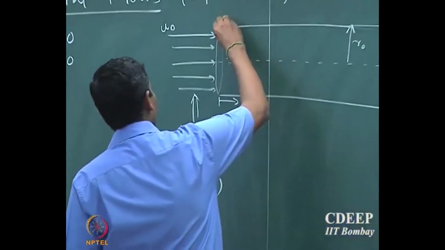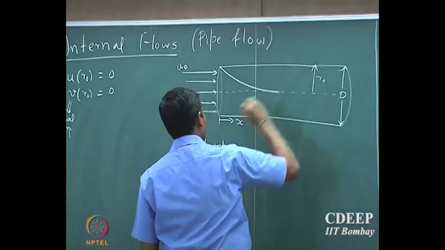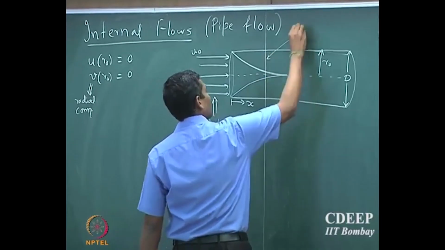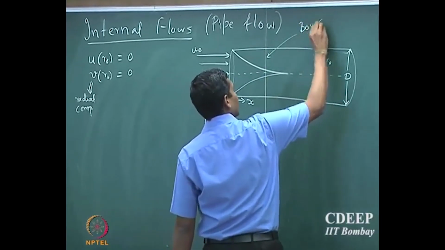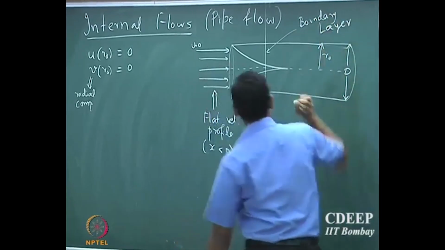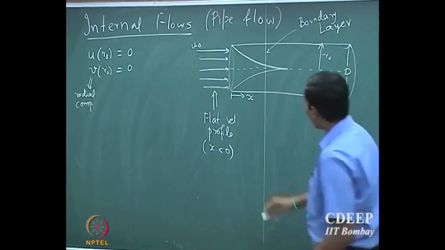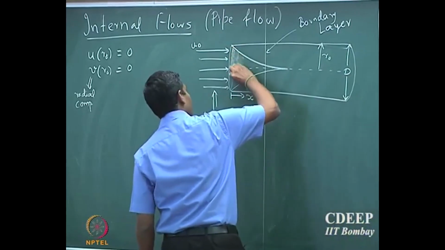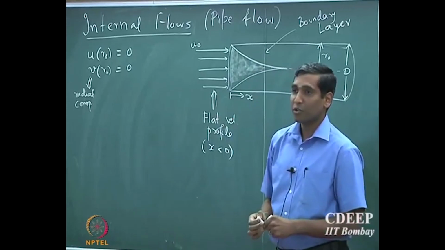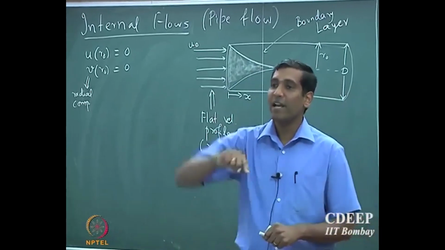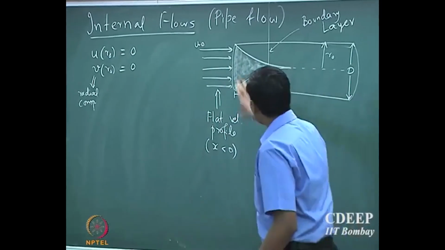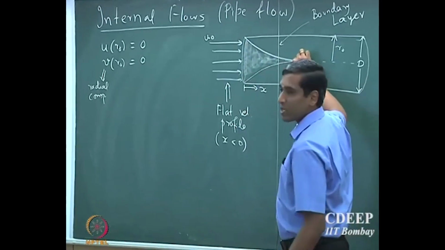And therefore it results in the formation of a boundary layer. That is the boundary layer. Note that it is a circular tube, so the boundary layer will be present at every location around the rim of the tube, and they will slowly merge and converge together at a certain location.